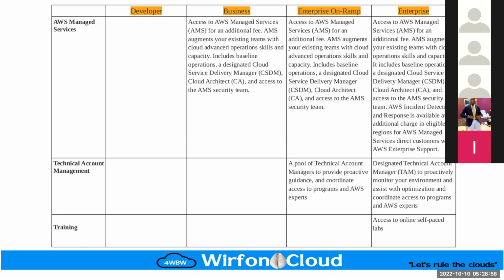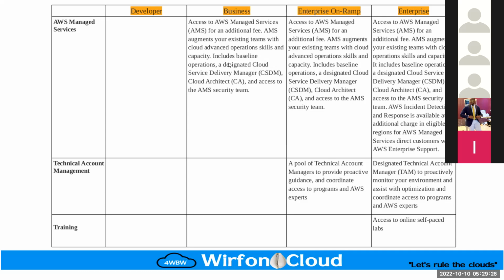Okay, let's move on to the next, the technical account management. The developer does not have this plan. The business does not have this plan as well. The enterprise on RAM has a pool of technical account managers to provide proactive guidance and coordinate access to programs and AWS experts.